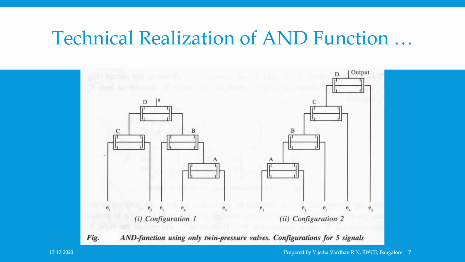An operation may be initiated only if all five signals, that is E1, E2, E3, E4 and E5 are present. If any one of these signals is absent, there will not be any output or action initiated. This is how the AND function will work on different conditions.